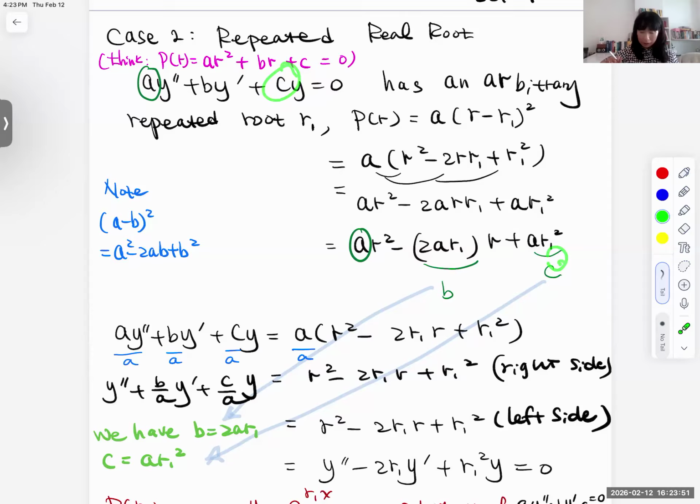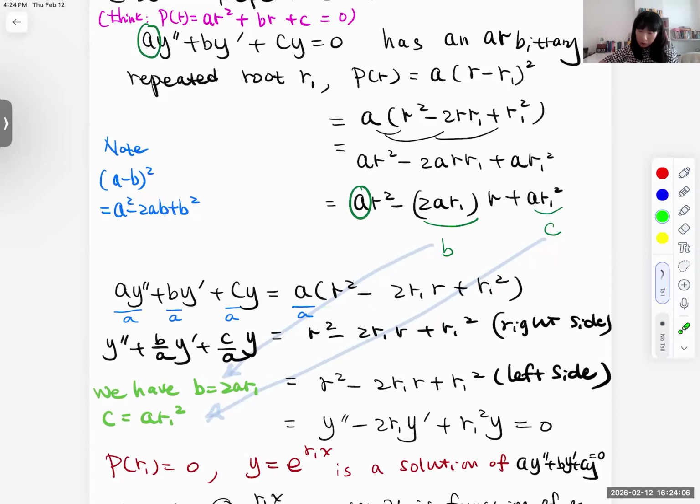Okay, now this one equal to, start over, like this.